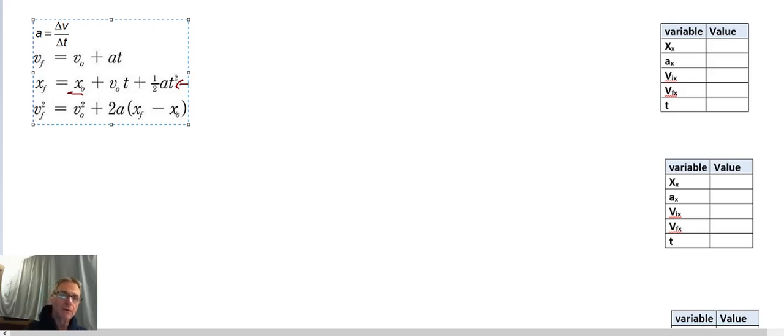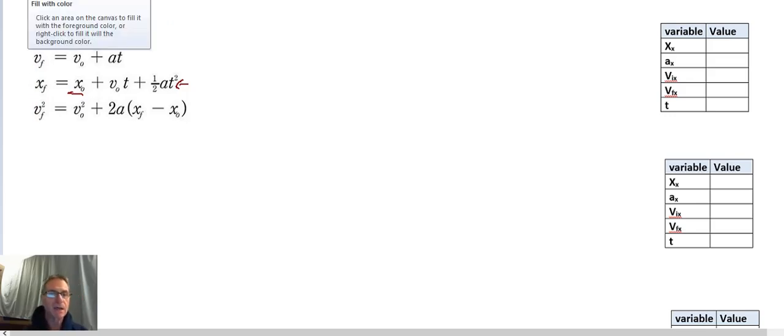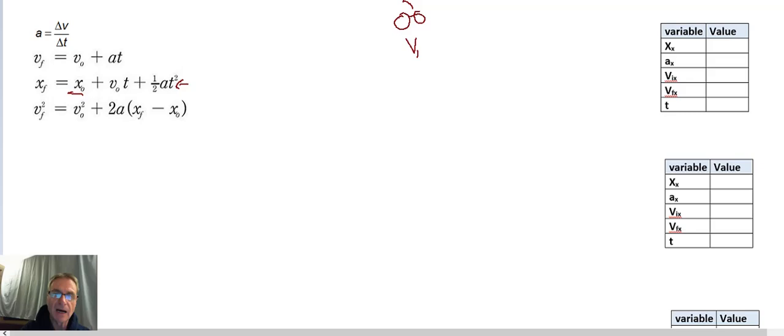And what we want to do is try a couple of problems using our new equations. So let's say that we have a bicyclist and the person is stopped. Okay, so our initial velocity, VI, sometimes also called V0 for V naught. So VI and V0 are sometimes interchanged. So VI or V0 is equal to 0 meters per second.